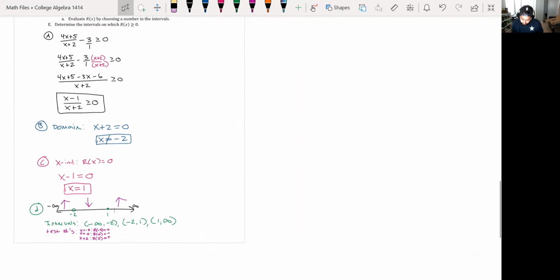And now, we use all of this information to answer the final question. Where is this function above the x-axis and on the x-axis? So looking at your sign chart below, we are above from negative infinity to -2.